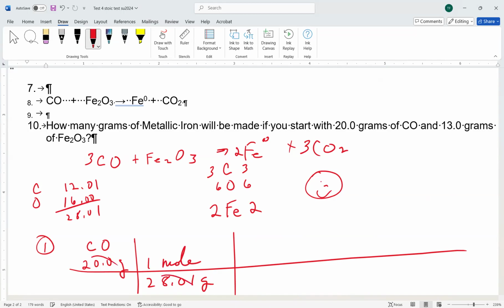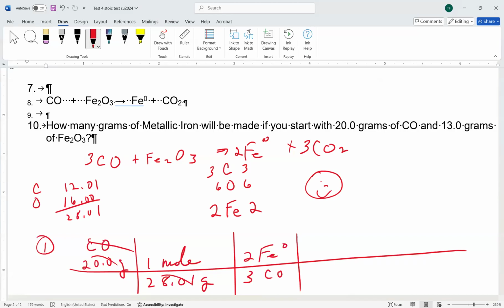Now we're going to invoke the balanced equation to go from CO to iron. Okay, and that's 2 to 3. And again, that's why we're balancing the equation, is for that middle step.